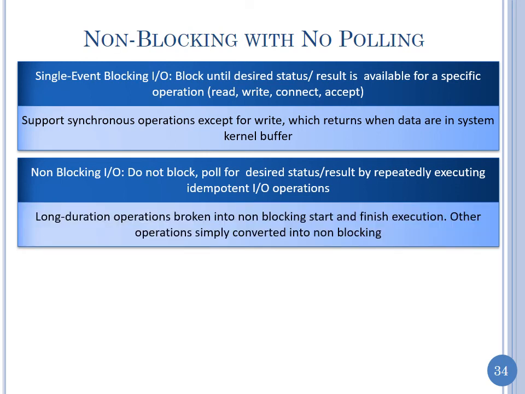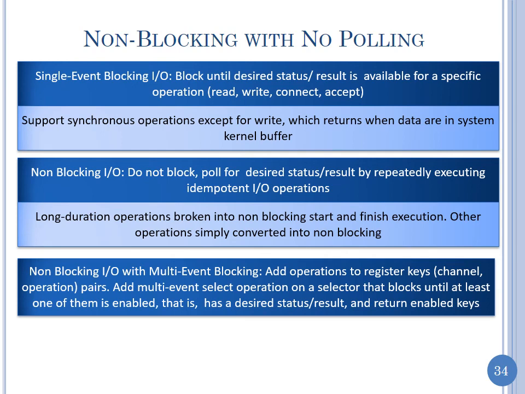And also, to do this, I said it was quite straightforward, not quite. We had to take a connect call and break it into 2 components. One that sends a message, and it is non-idempotent, which means that if you execute the same operation multiple times, you have side effects, and it's not equal to executing it once. And then there was a finish connect call that told you whether the connection succeeded or not. You can call it as many times as you want to, and it'll give the same result.